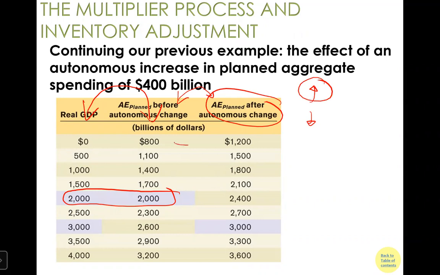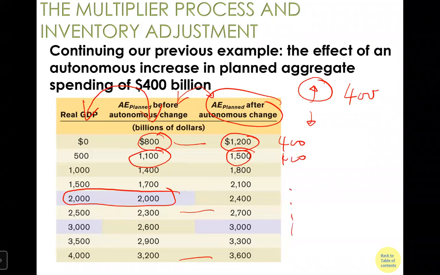You compare the numbers. This curve shifts up by 400, because 1200 minus 800 equals 400, 1511 is 400, and so on and so forth. So the curve has been shifted up by 400.